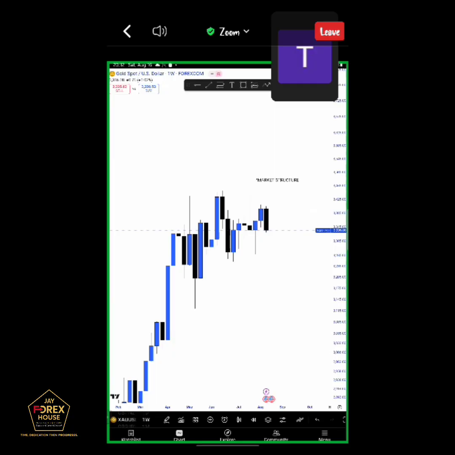But the last weekly candle, is that a bullish candle or a bearish candle? A bearish candle. Thank you. That's indirectly saying last week was bearish. But shey the trend is bullish. Yes. But now last week was bearish.